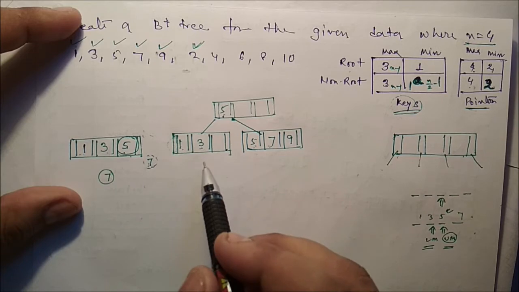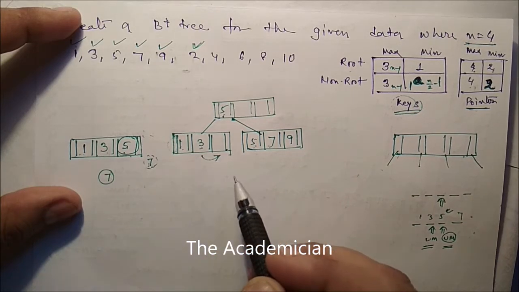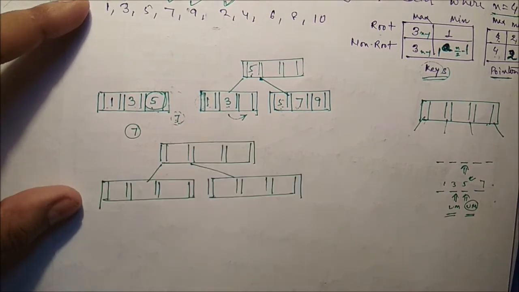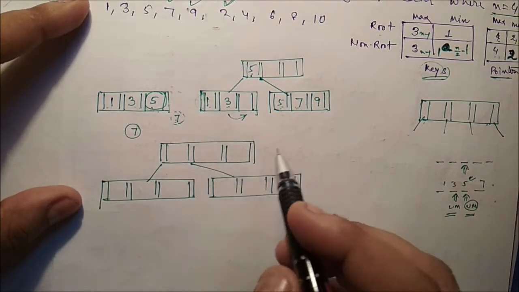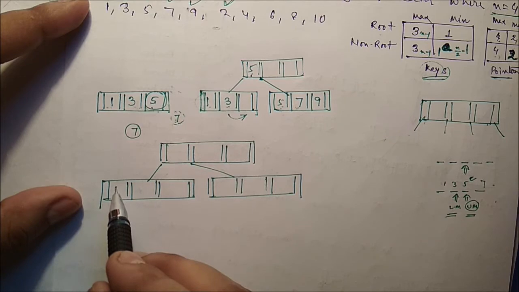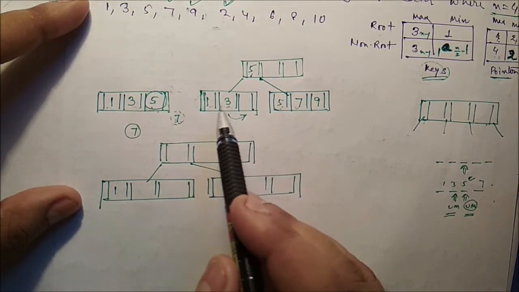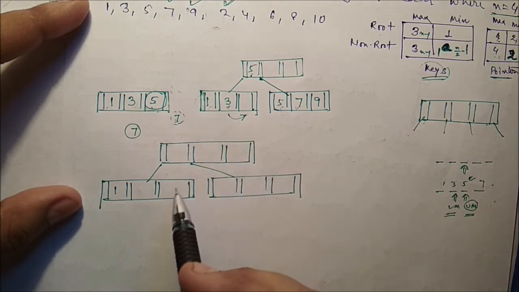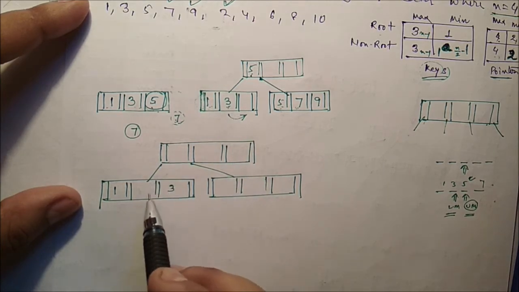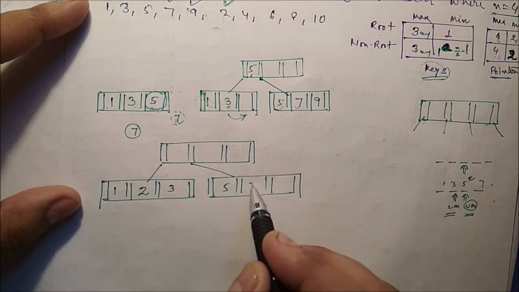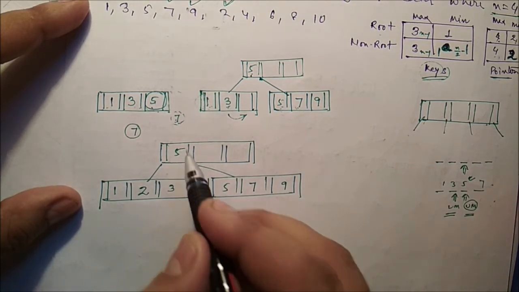So we have to shift 3 here, and you have to put 2, and the remaining data 5 7 9, and it should be the 5.